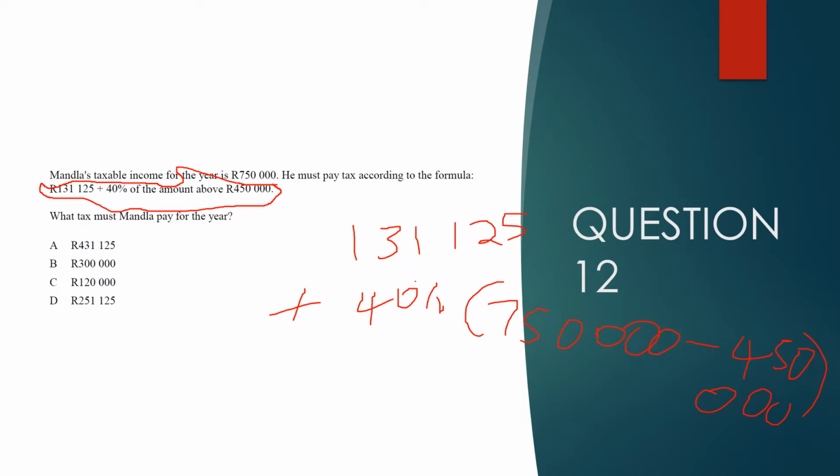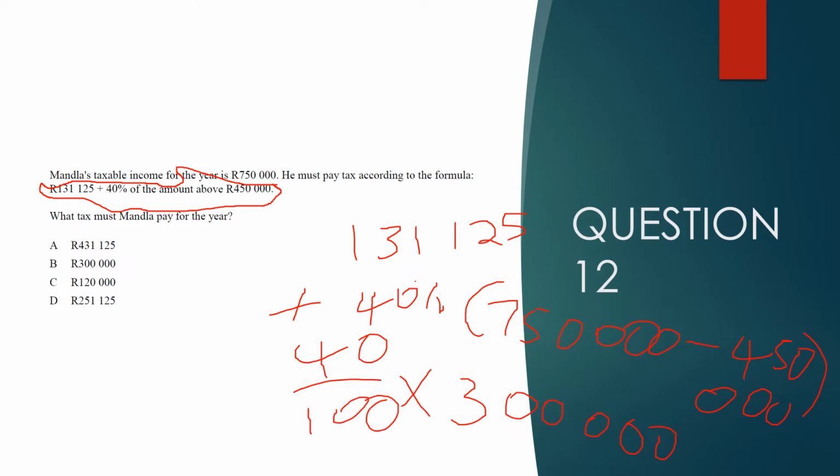The difference is 300,000. Then we get 40% of 300,000, which is 120,000.